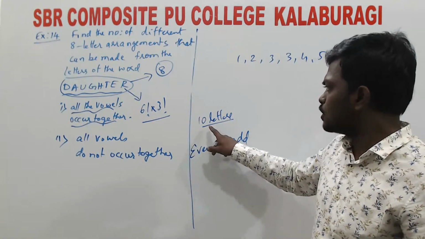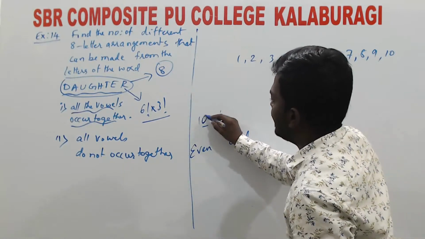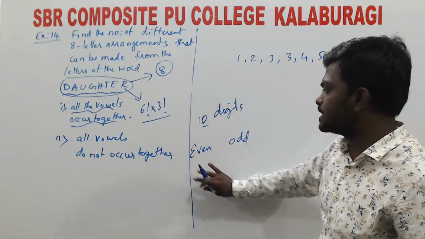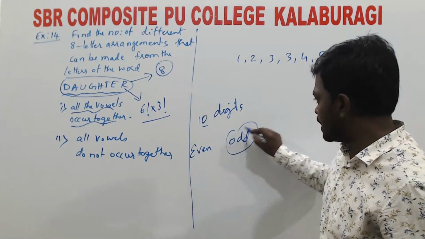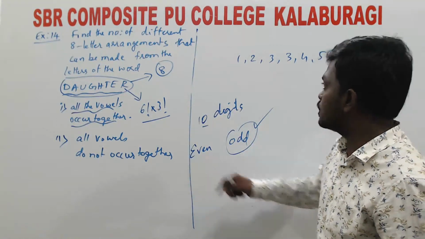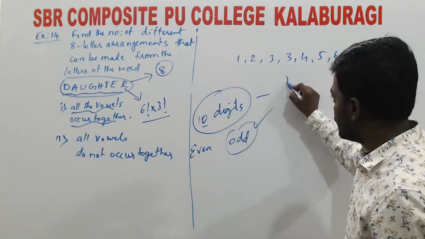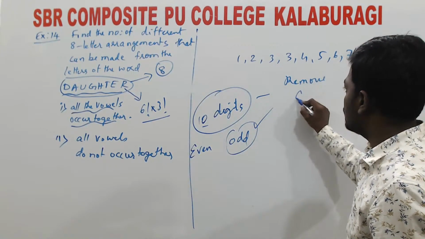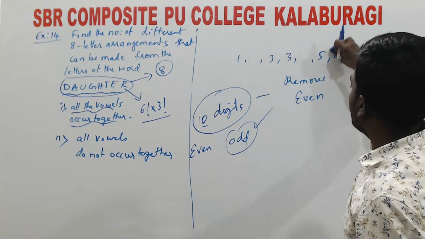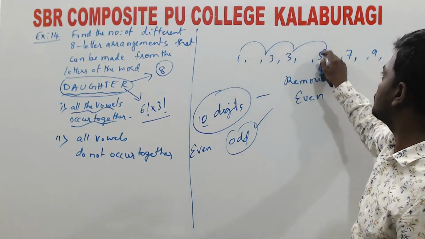Among the 10 digits, pick the odd ones, but you know only even. So among the 10 digits, remove the even numbers, and you will get the odd numbers, right? So these are nothing but odd numbers only.